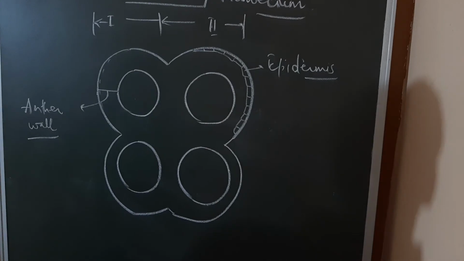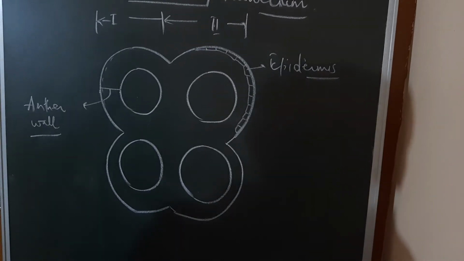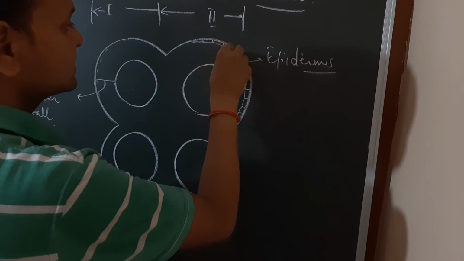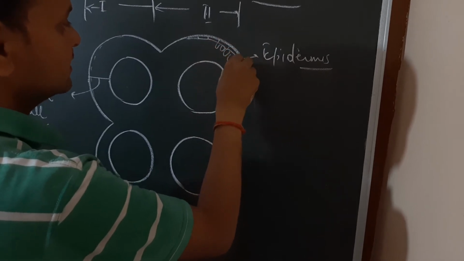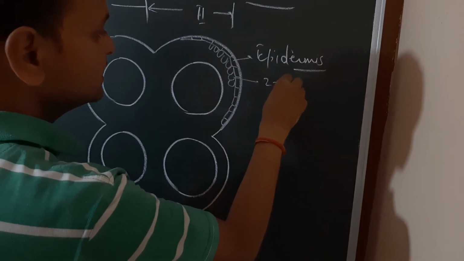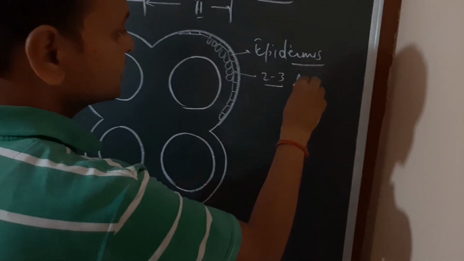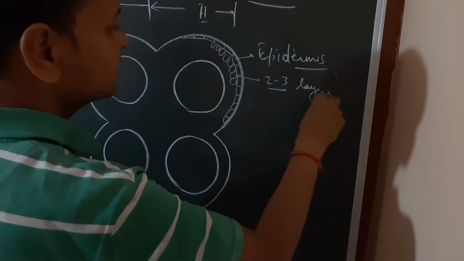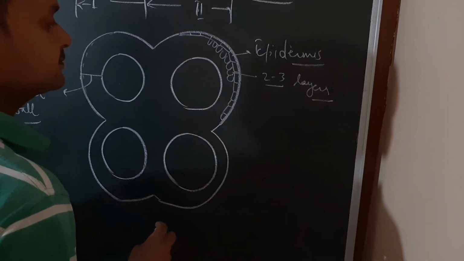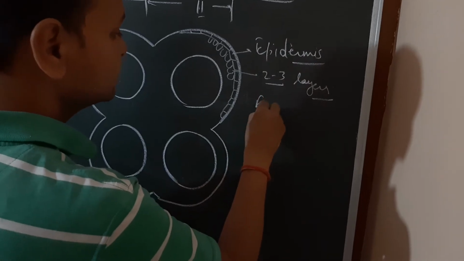To this inner one there will be some radially arranged cells, in a layer of 2 to 3 layers, and this is called the endothecium.